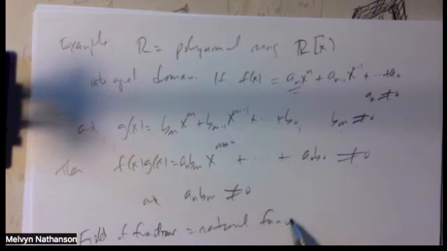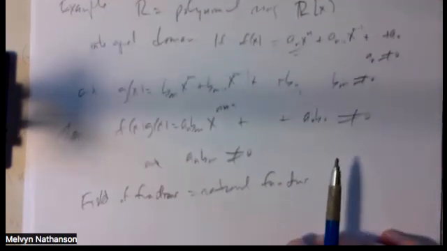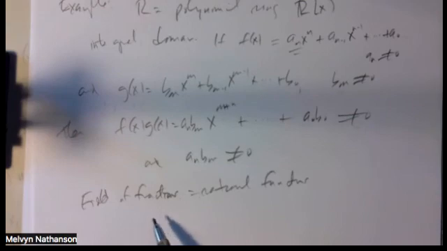And the field of fractions are the rational functions, quotients of polynomials. So something like 2x cubed plus 3x minus 5 over x to the 7 plus 9x squared plus 1. This is a rational function. It's one polynomial divided by another.